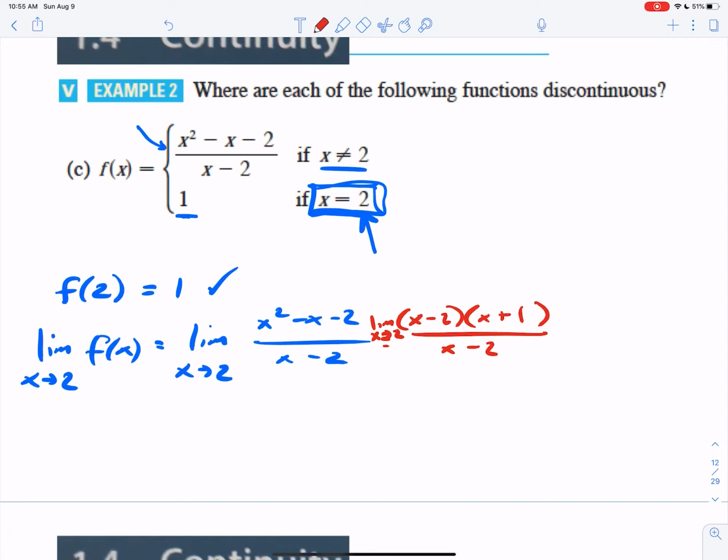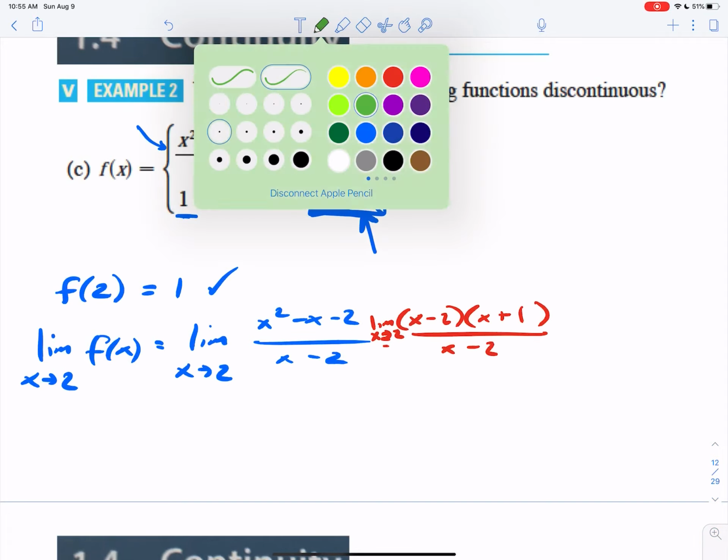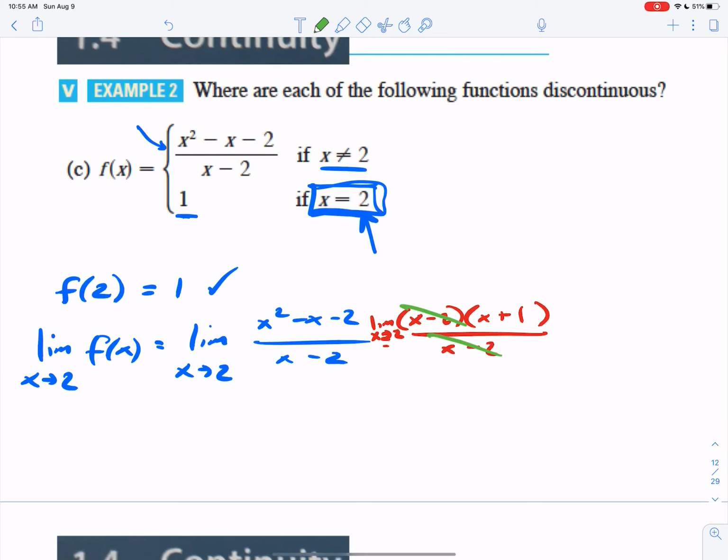I'll squeeze that in there. Did that help us in any way? It did. We could actually reduce the x minus 2 factor, and we're left with the limit of x plus 1 as x approaches 2. And then I repeat. I try to plug and chug, and I happen to get 3. So it does exist. Okay?